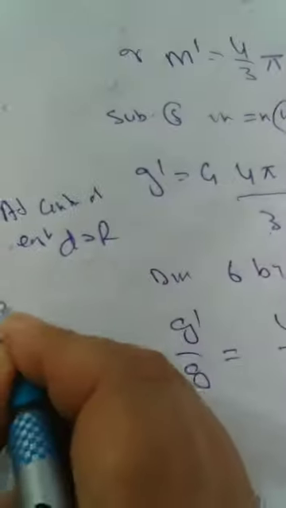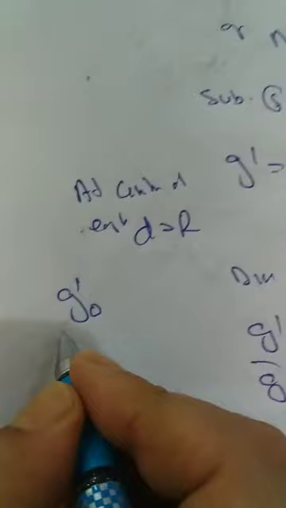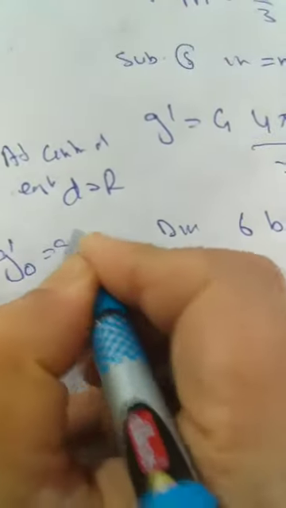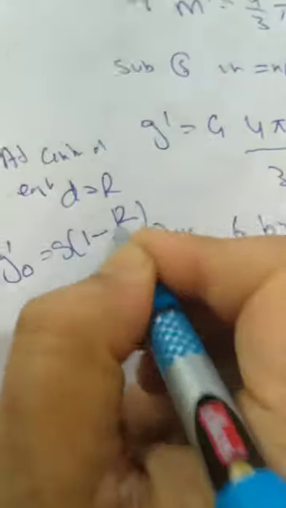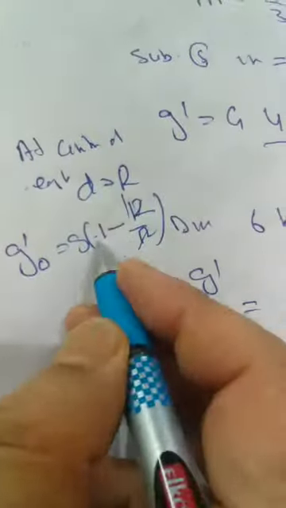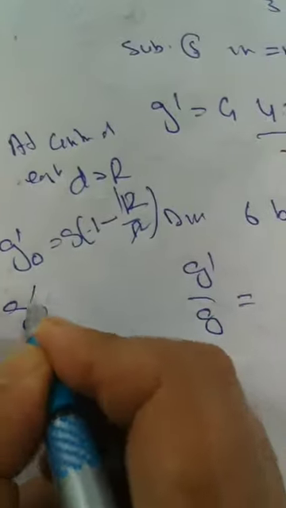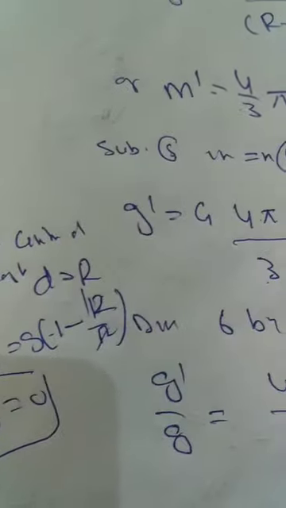When we substitute here, the acceleration due to gravity at the center of the earth is g naught is equal to g (1 minus R divided by R). R divided by R is equal to 1, 1 minus 1 is equal to 0, 0 multiplied by g, that means g dash is equal to 0.